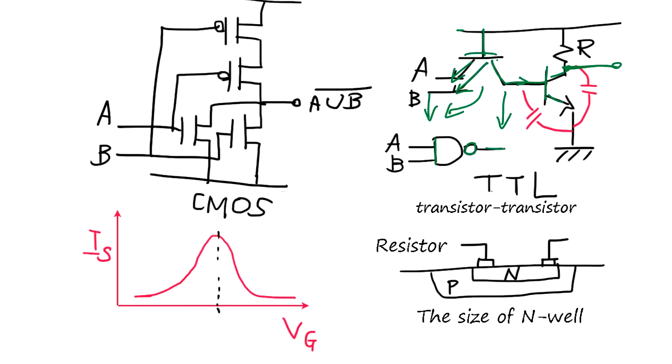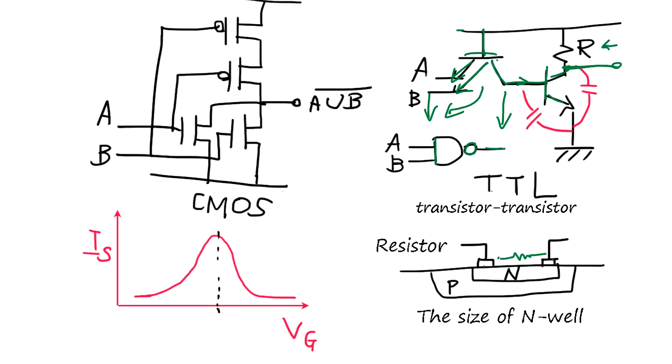Okay, and this resistor, how do you make a resistor on a silicon chip? You cannot make capacitors or inductors. Inductors and capacitors are impossible to make on a silicon chip. But resistors we can make. This resistor, the N well, we tap into this here, and this is a resistor, but it has to be surrounded by opposite polarity.